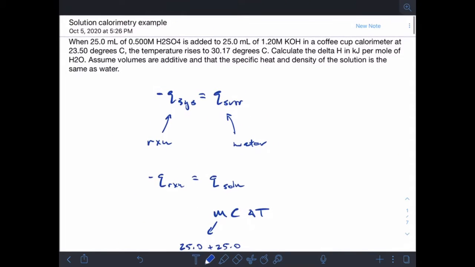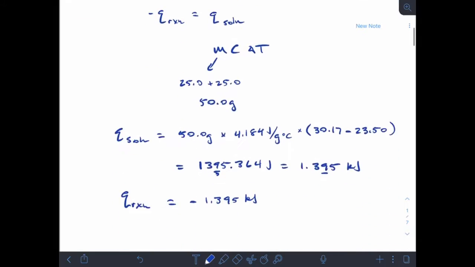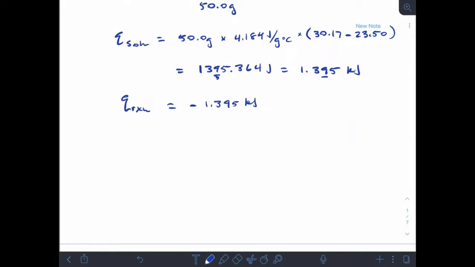So coming back to look at our problem, we are given information about the amounts of both of our reactants. And that should be setting off alarm bells in your mind that we should be doing a limiting reactant calculation, because one of these reactants is going to run out, and that will also tell us the amount of water that will be made. So we need a reaction equation.